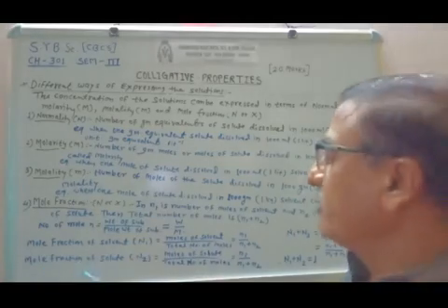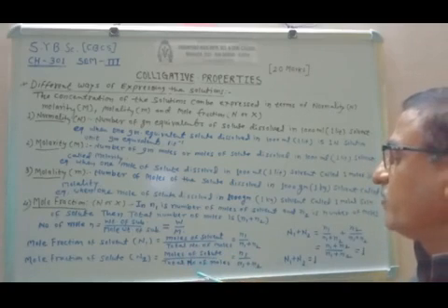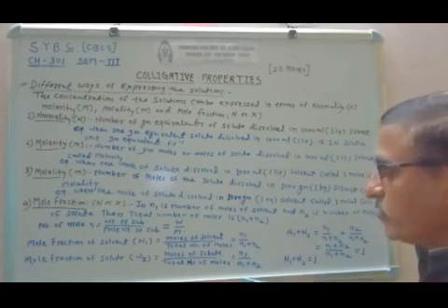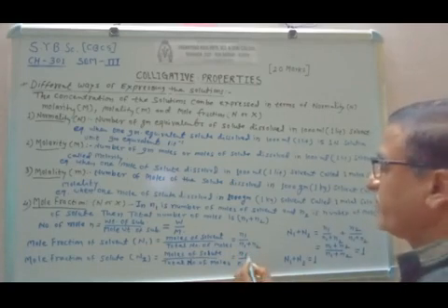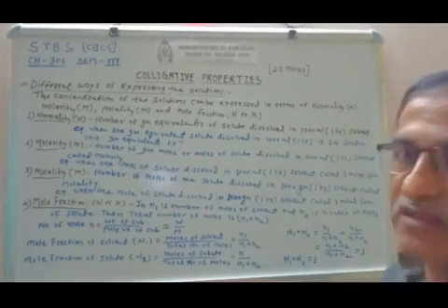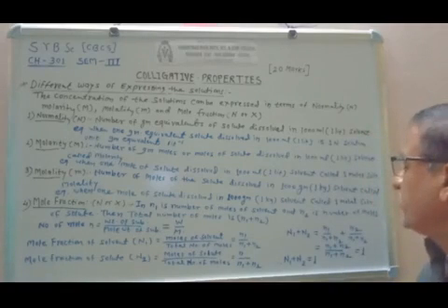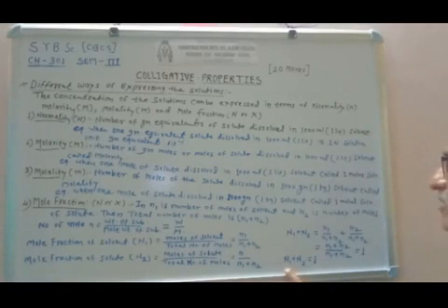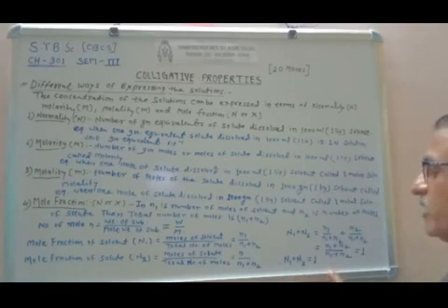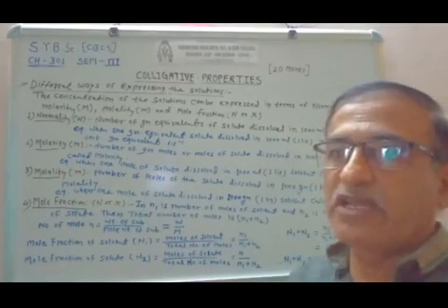Similarly, the mole fraction of solute N2 is equal to moles of solute divided by the total number of moles, so N2 divided by N1 plus N2. By simplifying, we get N1 plus N2 is equal to 1. So from this, by knowing the value of N2 or N1, we can calculate N1 or N2.